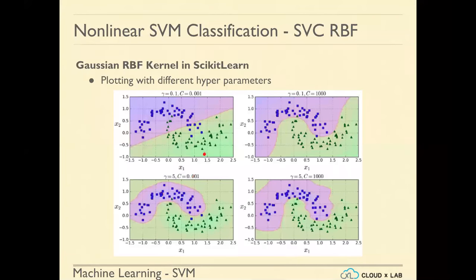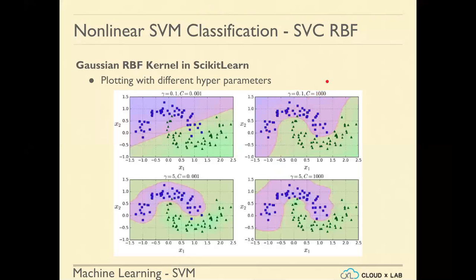Now if C is very small, 0.001, that means it is okay to let elements cross the boundary, so the margin could be bigger and the support vectors could be fewer. As C grows bigger, the tolerance grows lesser, and hence this is how it looks.